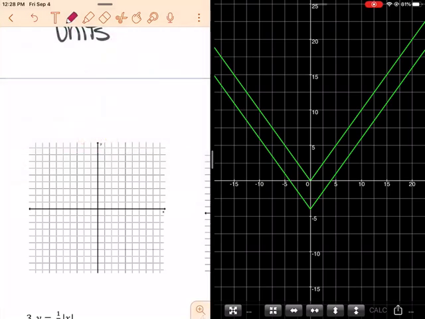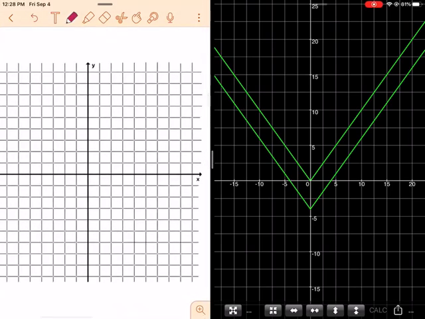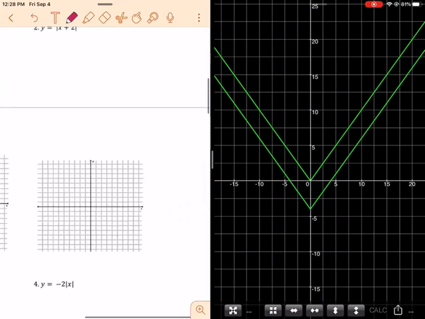So here is the graph. I took my absolute value graph and I moved it down 4 units. So my vertex now is at 0, -4. And there it is.